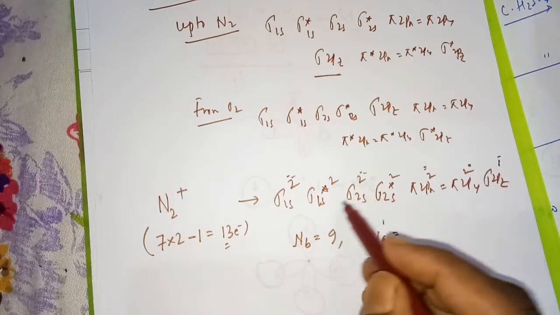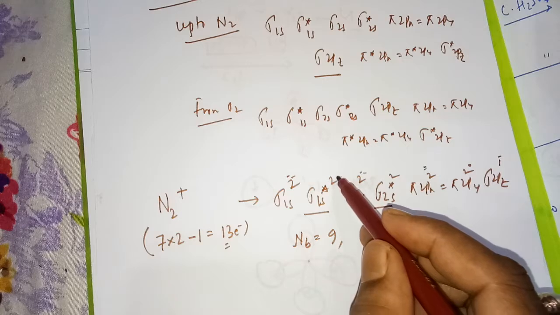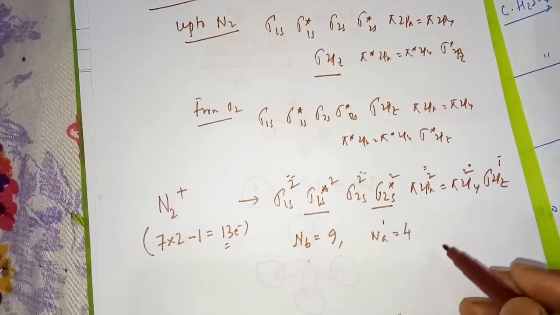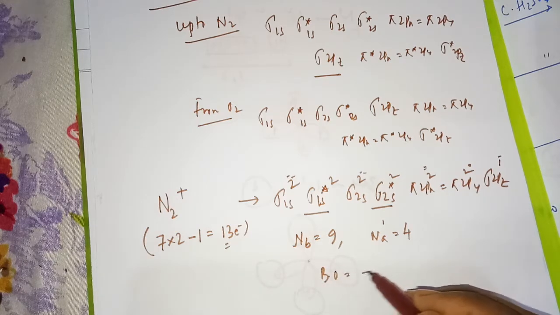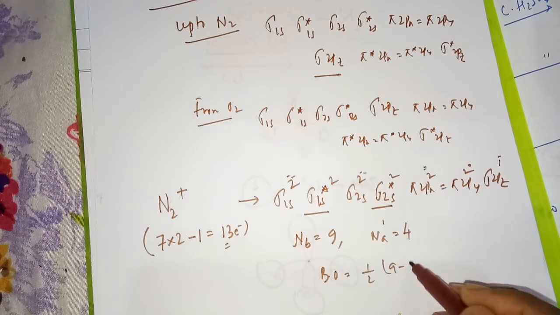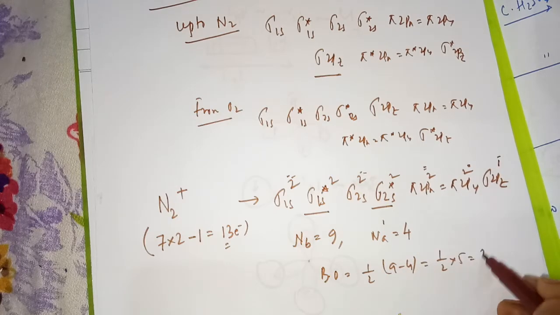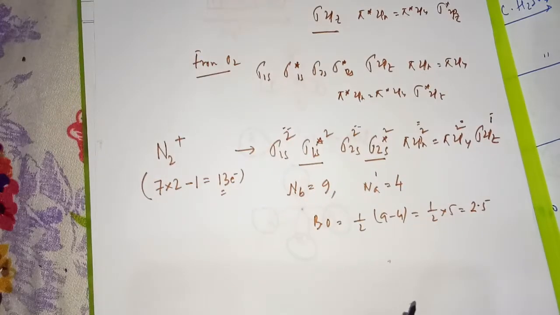The number of antibonding electrons, the star electrons: there are 2 electrons here, 2 electrons here. The number of antibonding electrons is 4. So from that you can calculate bond order. Bond order equals half into 9 minus 4, so half into 5 equals 2.5. So the bond order is 2.5.